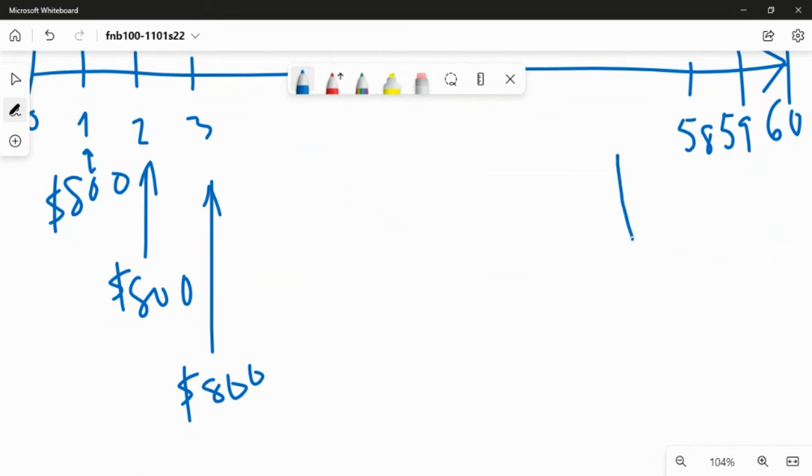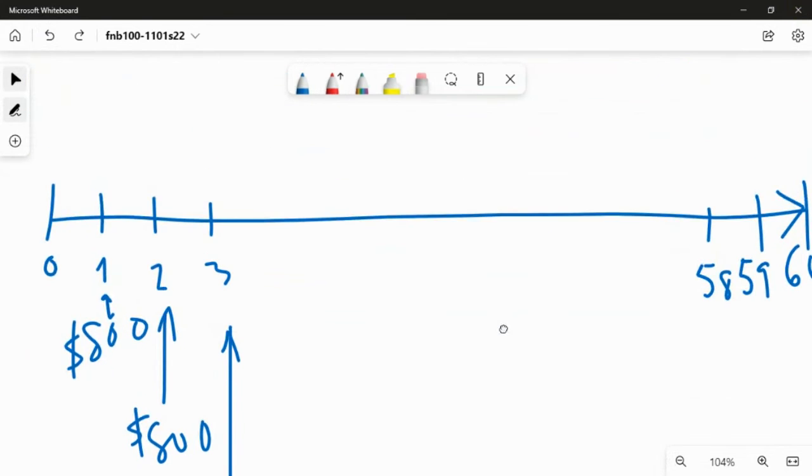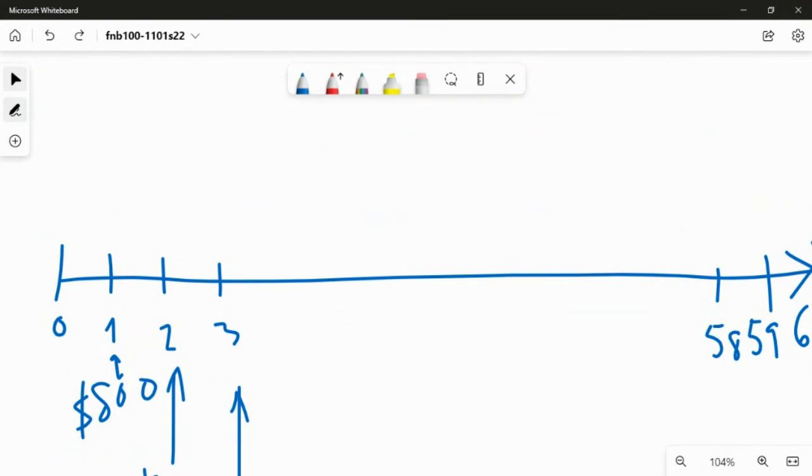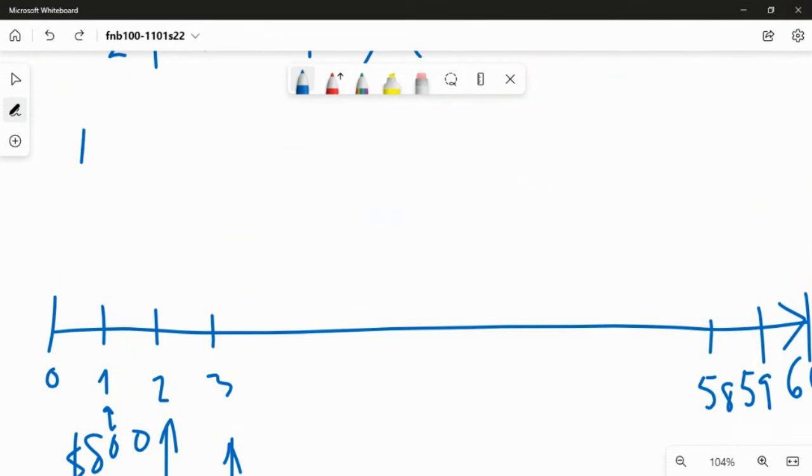But since APR is 6%, what does 6% APR mean? What is the periodic rate then?